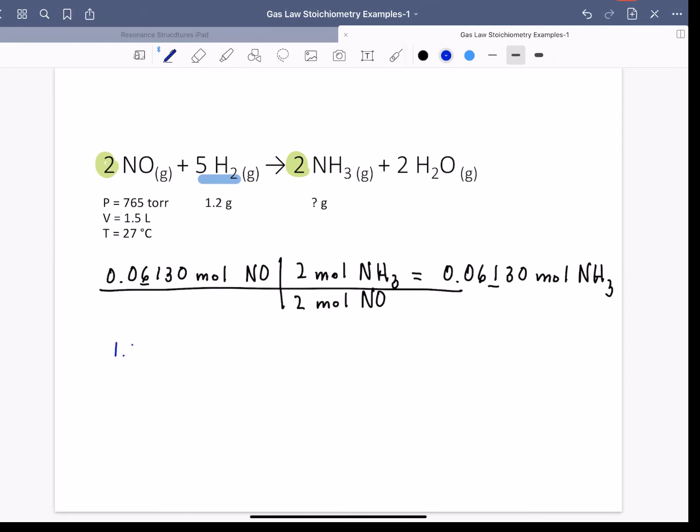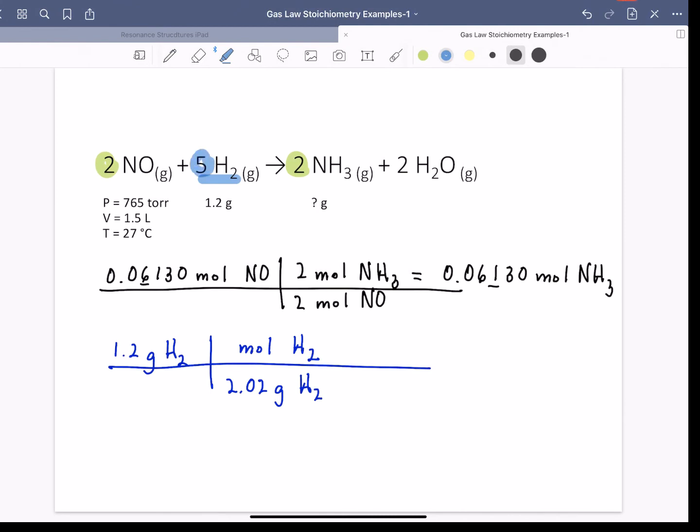We're starting with 1.2 grams of this diatomic element. I use the molar mass to go from grams to moles. I use the 5-to-2 relationship to go from moles of reactant to moles of product. And I come up with the moles of product.